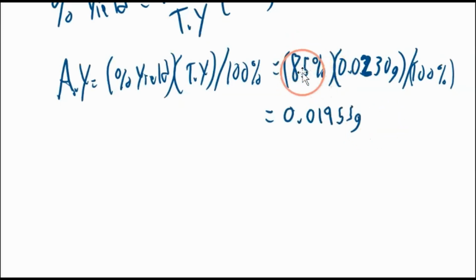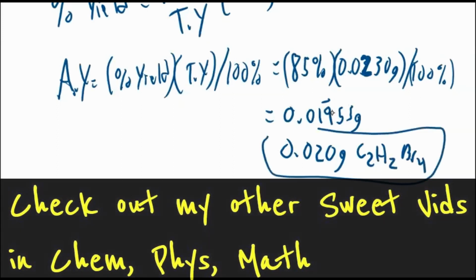Because our percent yield is in 2 sig figs, and usually the percent yield is rounded to the nearest whole number, we're stuck to round here. We'll round the 5 up because this is an odd number. So 0.020 grams is our actual yield of C2H2Br4. Right on.